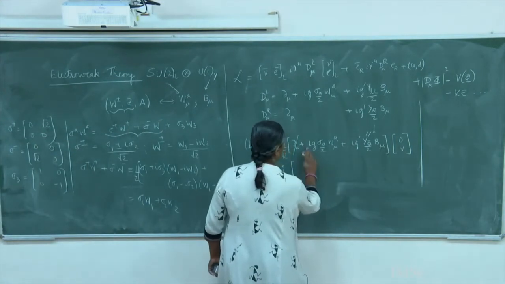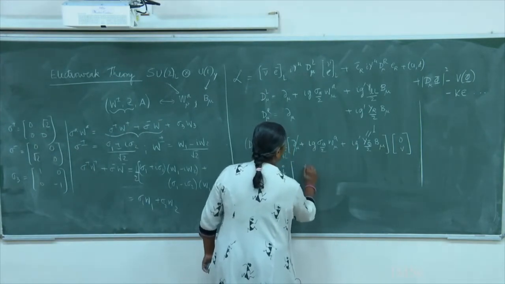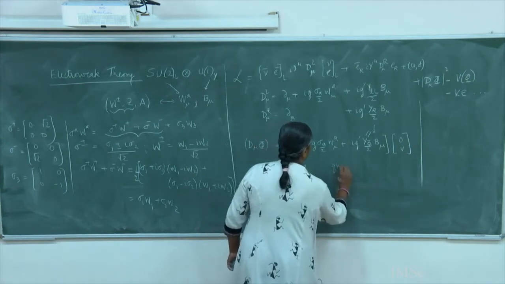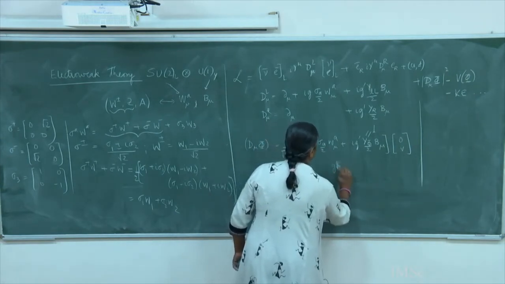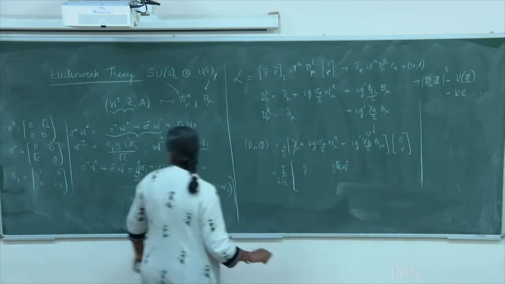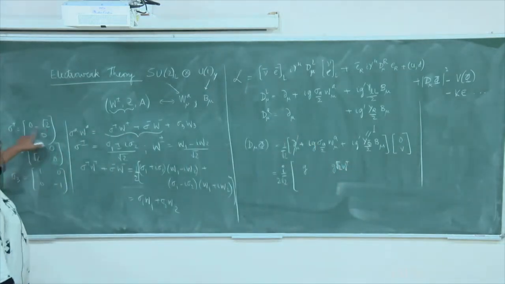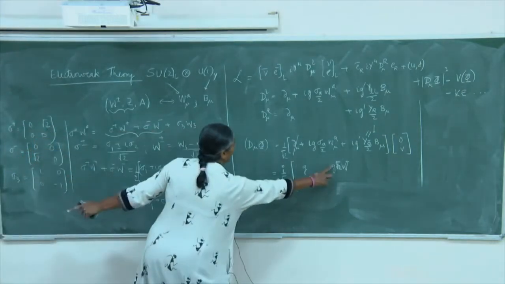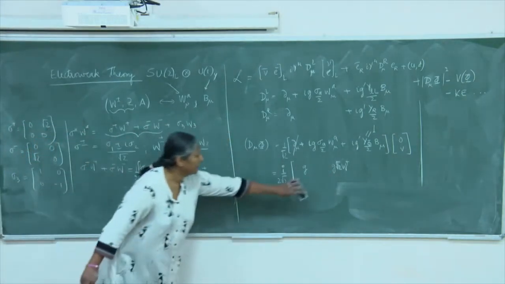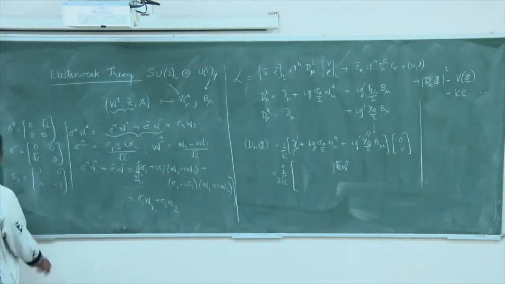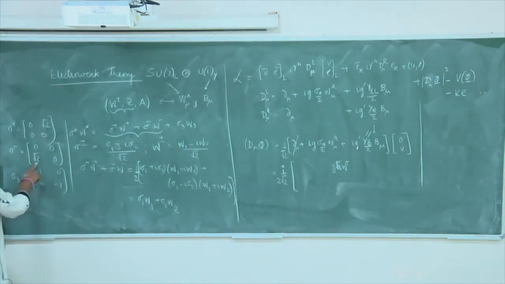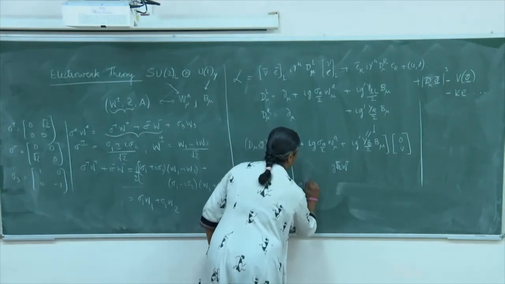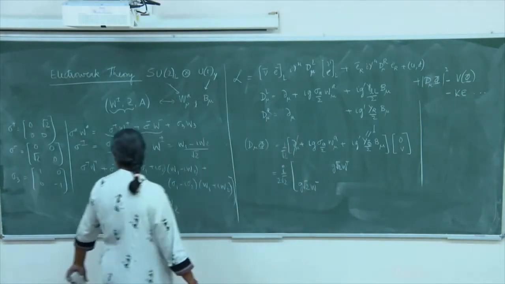I have already taken out the 1 by 2. So my matrix element will contain g times root 2 W plus, root 2 sigma plus into W plus, root 2 W plus in the top right hand corner. It will contain root 2 g W minus in the bottom left hand corner, g root 2 W minus in this corner.